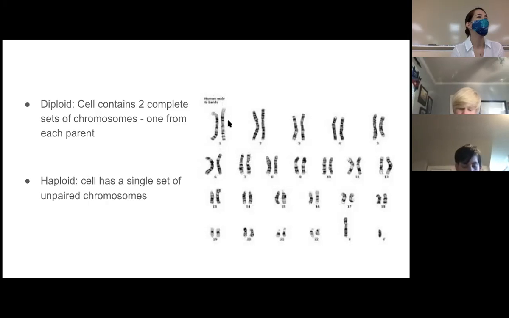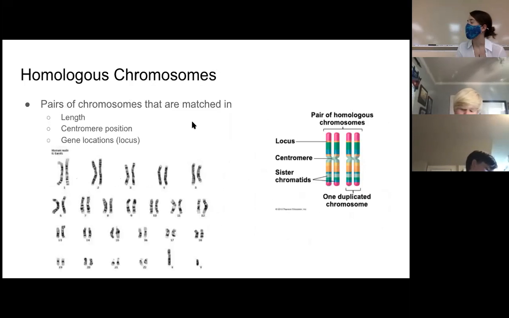These are not sister chromatids. Homologous chromosomes are pairs of chromosomes that are matched up in length. They have roughly the same length, so you can see each one of these pairs has the same length. They have the same centromere position, so when they duplicate and make sister chromatids, their centromeres line up. They're positioned in the same way.